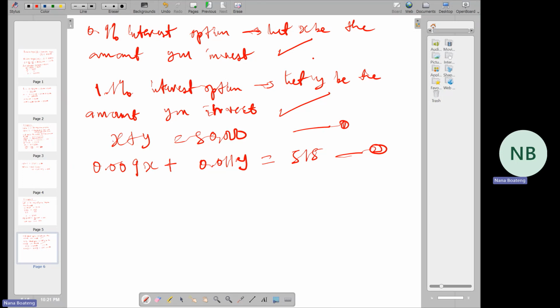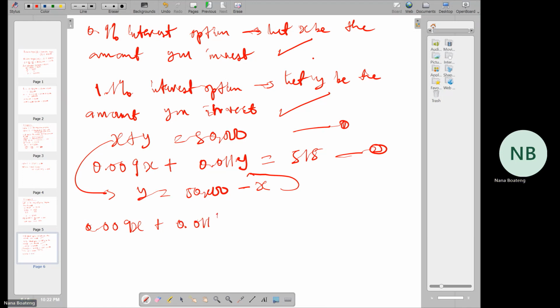From the first equation, we can see that Y is equal to 50,000 minus X. If we substitute this into equation 2, we have 0.009X plus 0.011 times 50,000 minus X, and this equals 515.